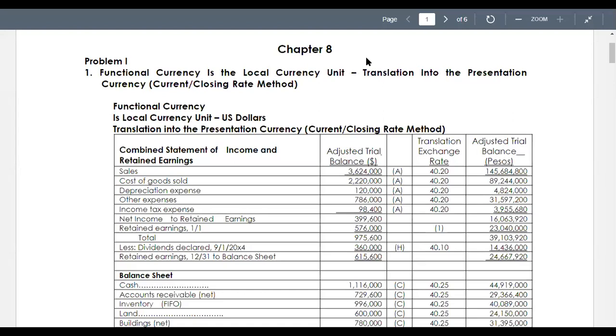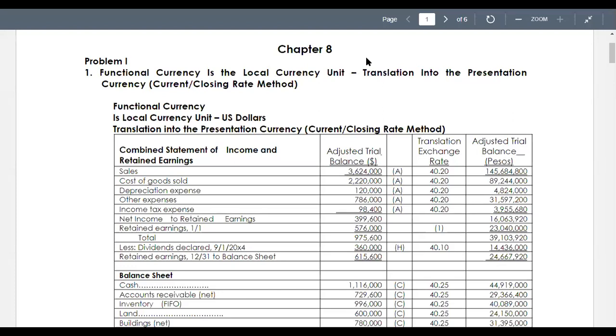Now you can have a diagram on page 691. May I advise you to study the whole of chapter 8 for all these terms and as well as the guidelines in connection with our translation procedures.